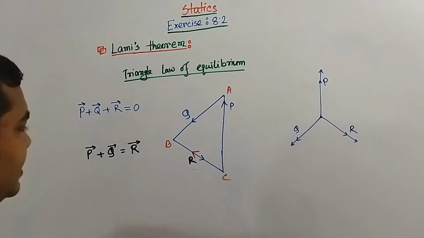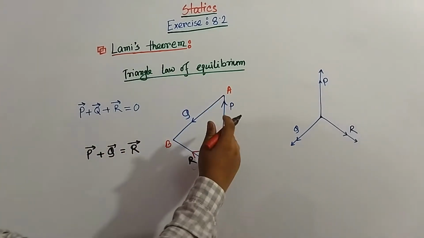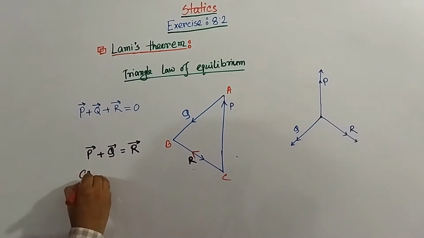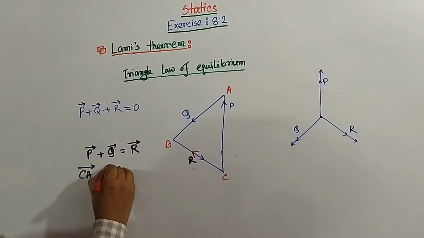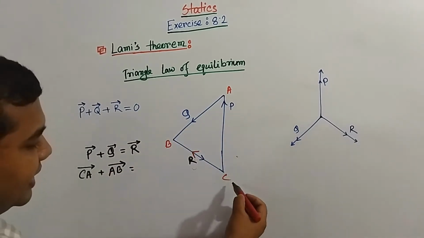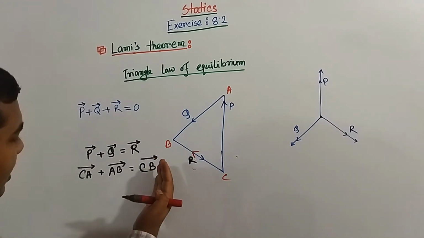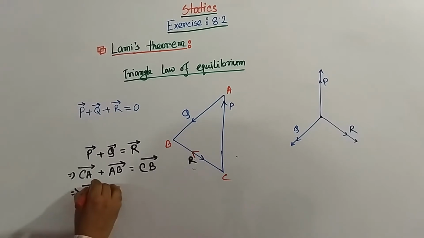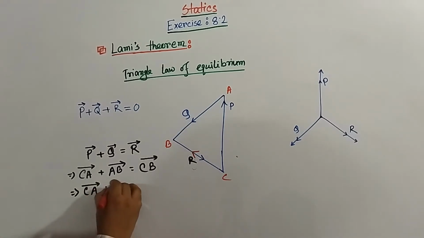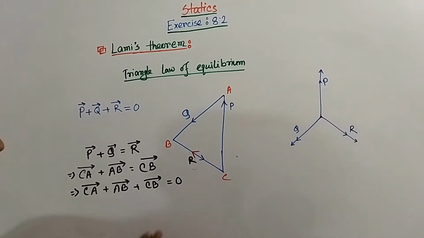To understand this part very clearly, we can write with this direction. Say for example, CA plus AB is equal to R, that is CB. Now taking all of that on the same side, it can be CA plus AB plus CB, and we know CB can be replaced by BC.